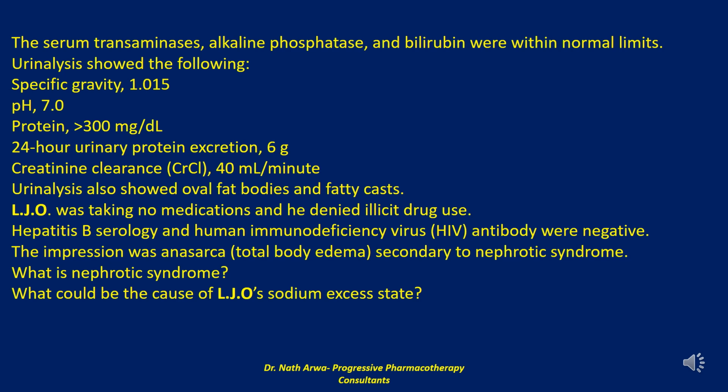A heavy urinary protein loss results in various extrarenal complications. Hypoalbuminemia reduces plasma oncotic pressure and contributes to the increased hepatic synthesis of both albumin and lipoproteins. This, coupled with the decreased catabolism of lipoproteins, resulted in LJO's hyperlipidemia.